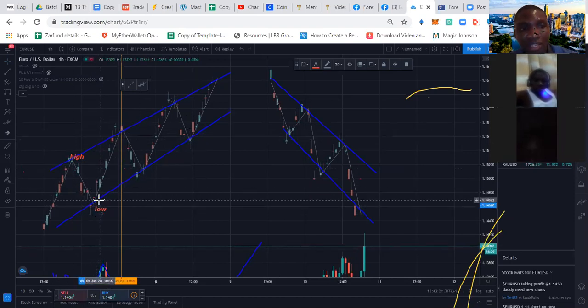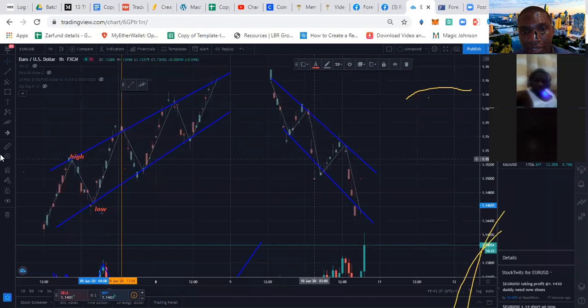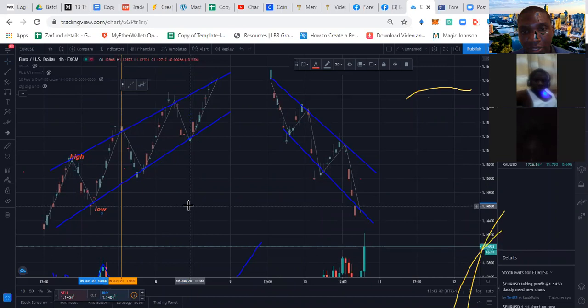This is a low. Just look at price as though it's in a channel. This is what we call a channel. The top of the channel is the high, while below the channel is the low. This is the high. This is the low.